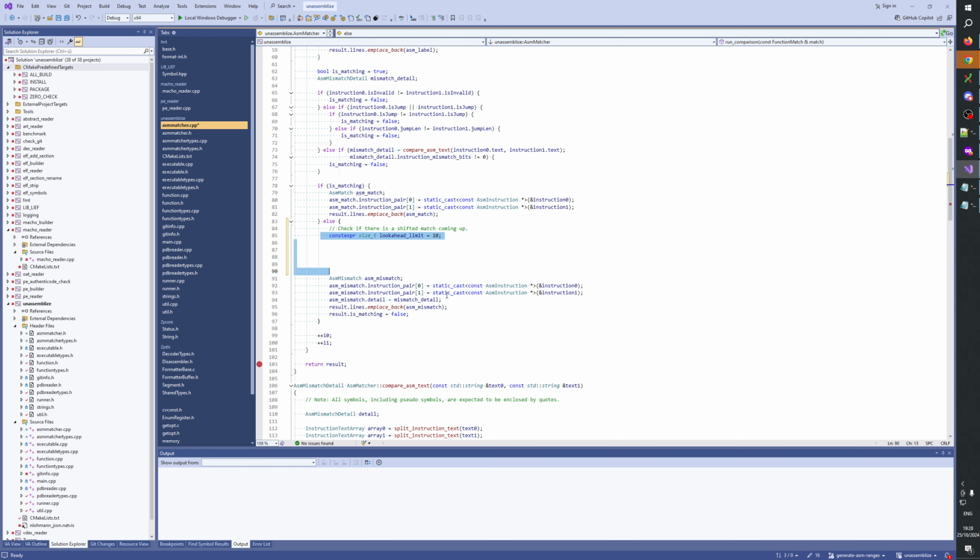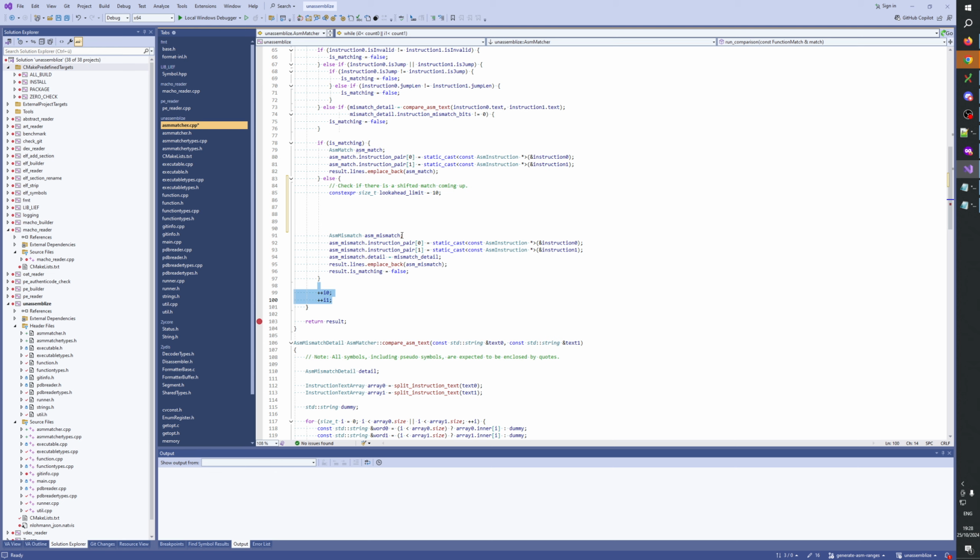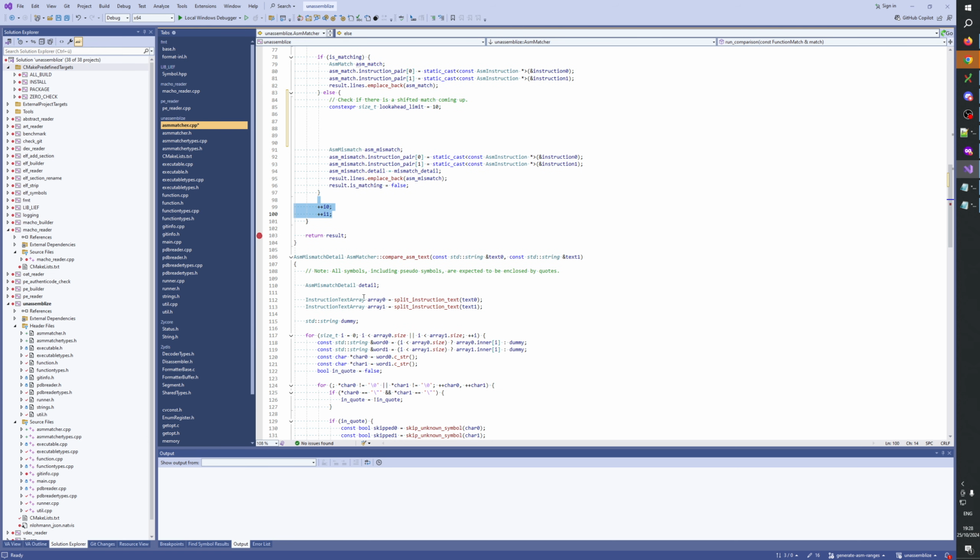So the mismatch instruction is done, we go to the next, and maybe it's mismatching again, and then again we look ahead up to 10, and again it will be 20 times. So it grows, it does a lot of these things all over again on the same texts.